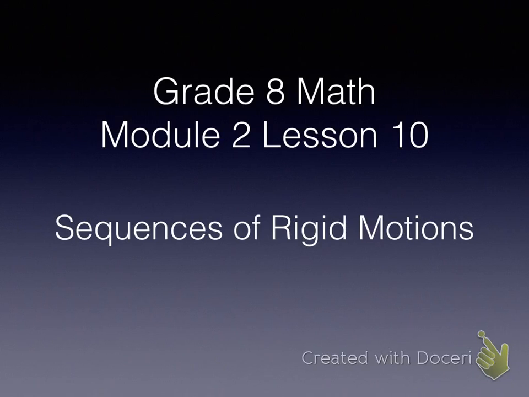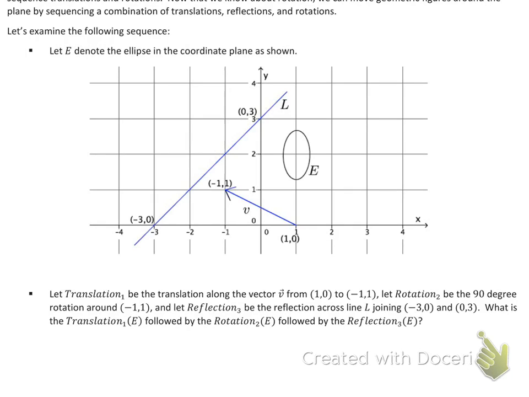So our first example combines all three types of rigid motions that we've talked about. Let's read it. You don't have this in your classwork, so we can read it together. It says to let translation 1, right here, be the translation along vector v, which is right here, from (1, 0) to (-1, 1).